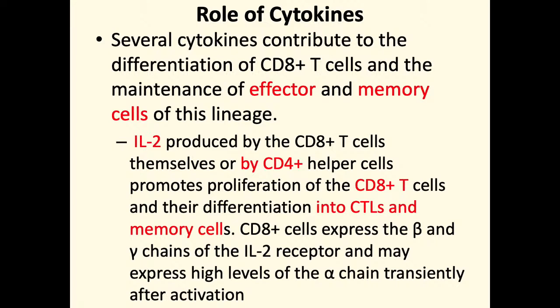IL-2, which is produced by the CD8 T cells and also by the T helper type 1 cells, promotes proliferation of CD8 antigen specific cells, and therefore we have a full activation of CD8 cells.